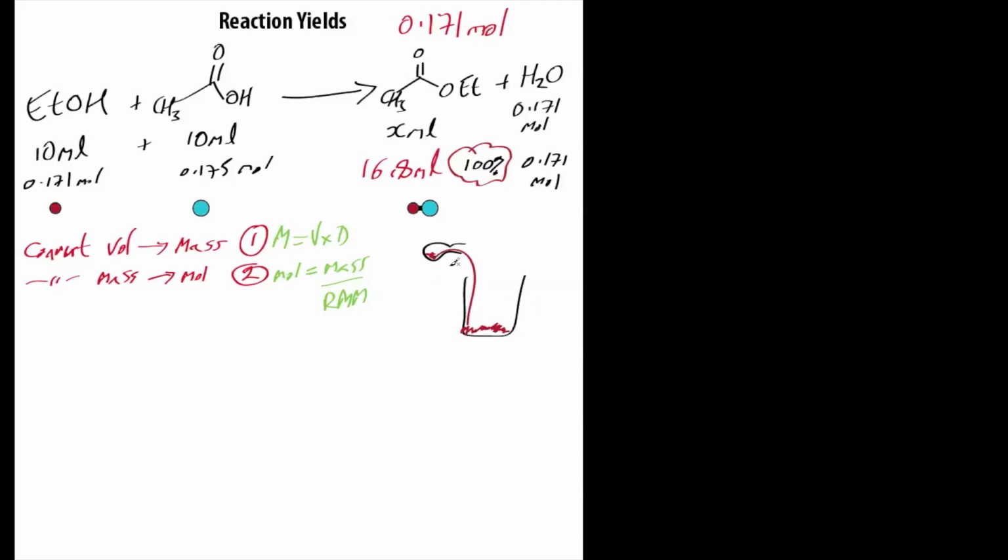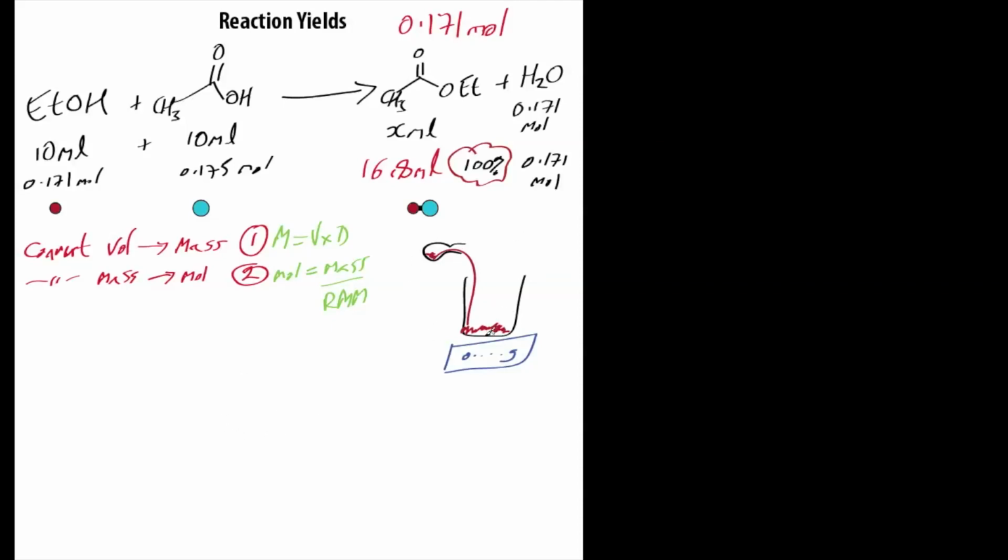When we've finished pouring our ethyl acetate into the flask to weigh it on a balance, say that's a balance, and that gives us the numbers, grams. Once we've poured it in there and weighed how much we got, this flask itself will have a little bit of the liquid left in, and that actually contributes to the yield as well. So we can lose material by the way we handle it. Not only will we lose some through the wetting, but also through the reaction yield and things like that.